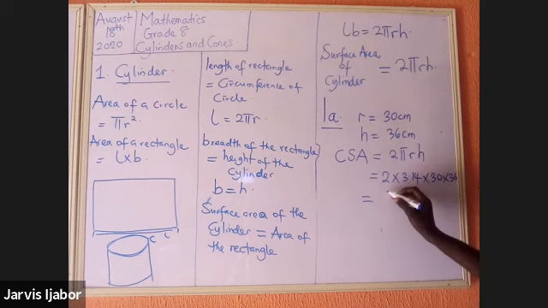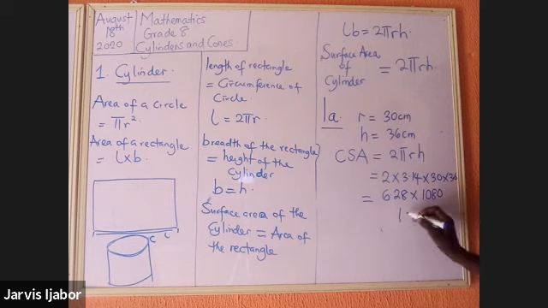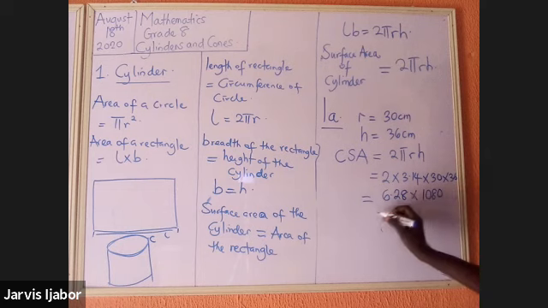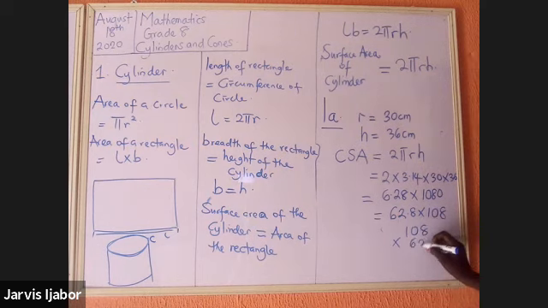So I'll have 6.28 times 100 and... I think that should be that. Then you multiply. Move the decimal here. This is the same thing as 62.8 times 108. So let's multiply that. That'll give me 4. That'll give me 6. That'll give me 8.